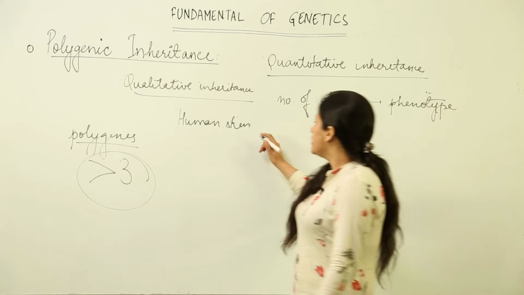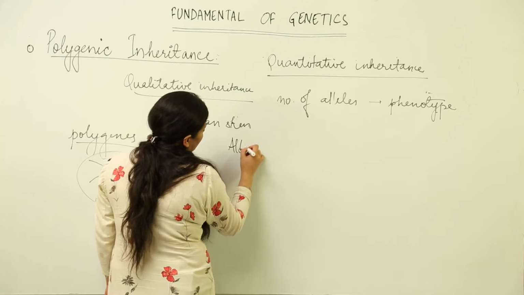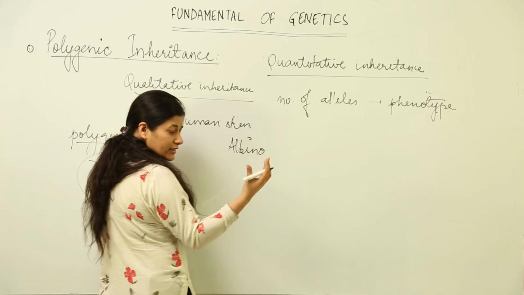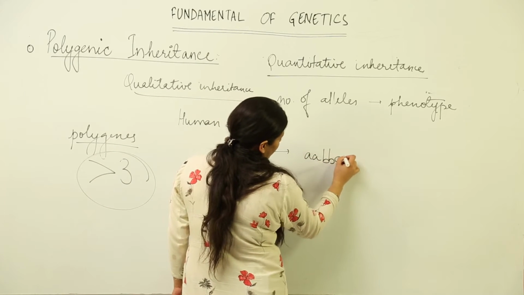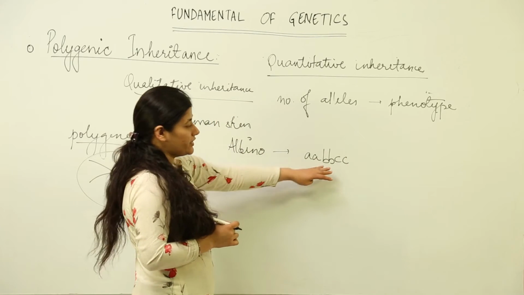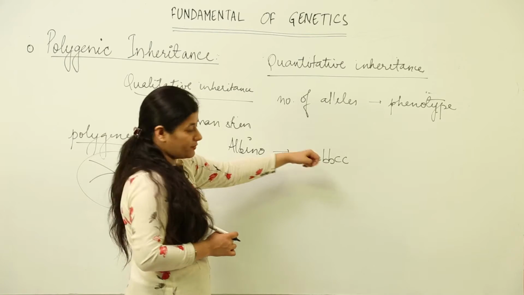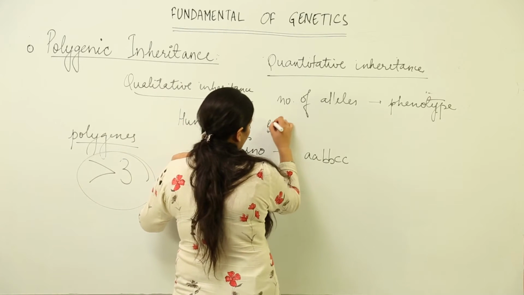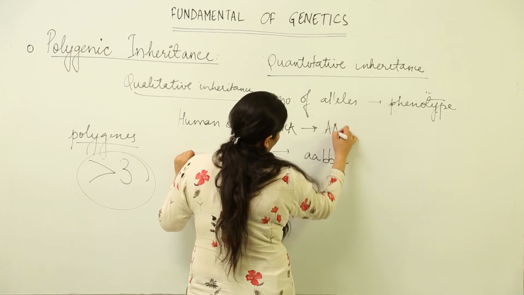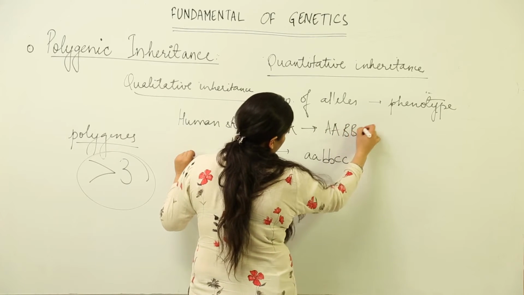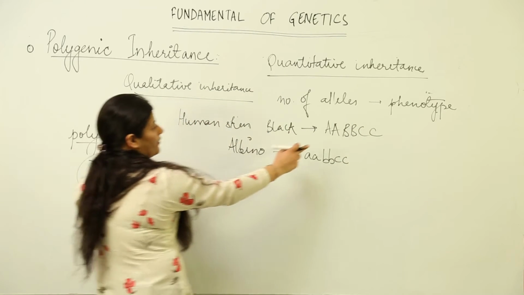Suppose you take the human skin example, where albino, completely white skin color is expressed by the completely recessive condition, and we take 3 genes for this, while completely black would be represented by all dominant alleles for the genes A, B and C.